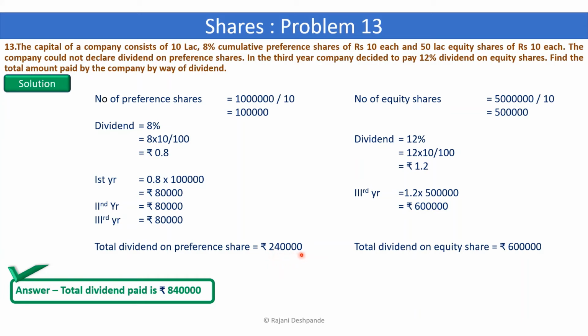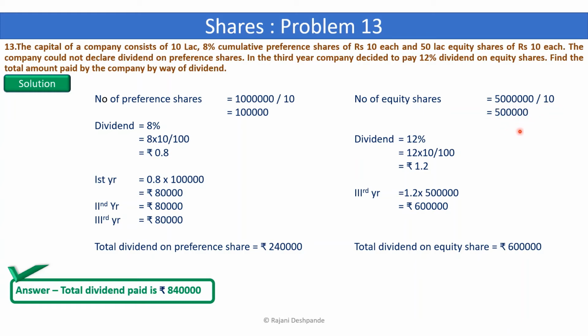So 2,40,000. Now there are some equity shareholders in the company, and here you can see that there are 50 lakh equity shares of rupees 10 each. So a capital of 50 lakh is invested by the equity shareholders, and the face value of each share is rupees 10. So the number of equity shares here is 50 lakhs divided by 10, which is equal to 5 lakhs.